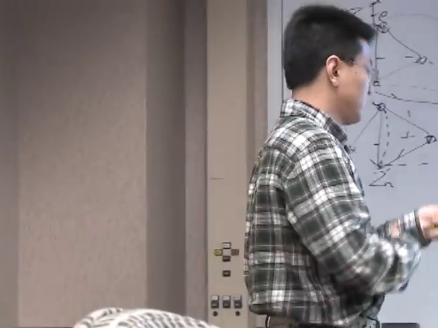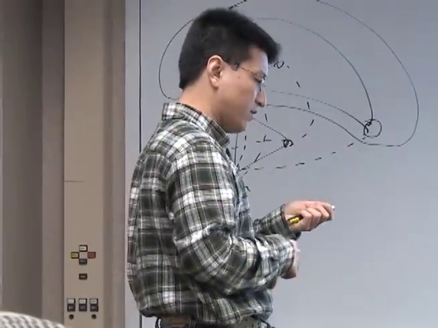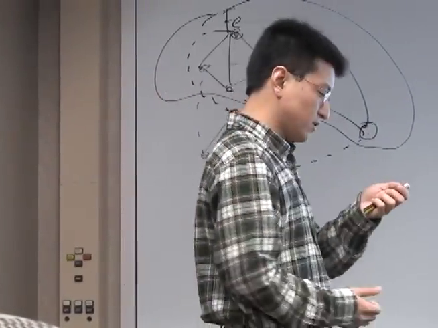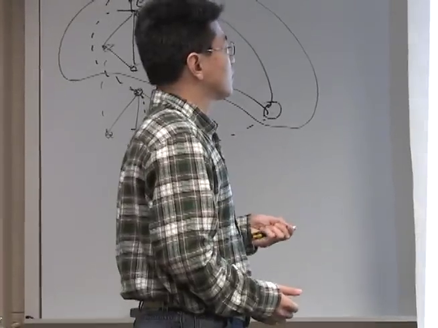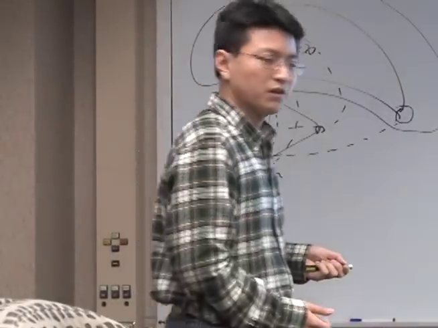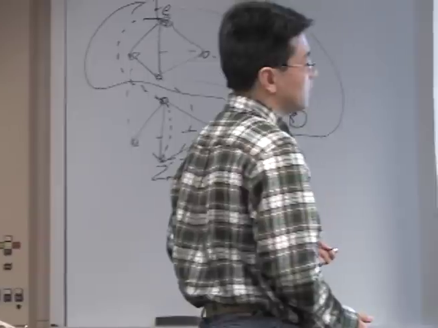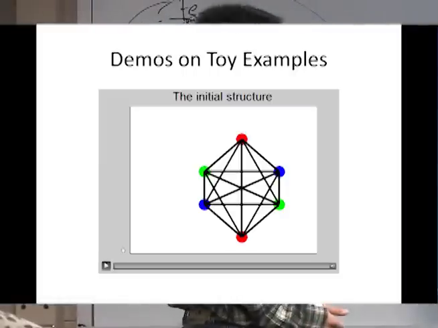Okay, so that's the high-level mathematical description, and let's see some demos of this. This is the example used throughout the presentation, and this is the given initial structure. We have the weights on this.